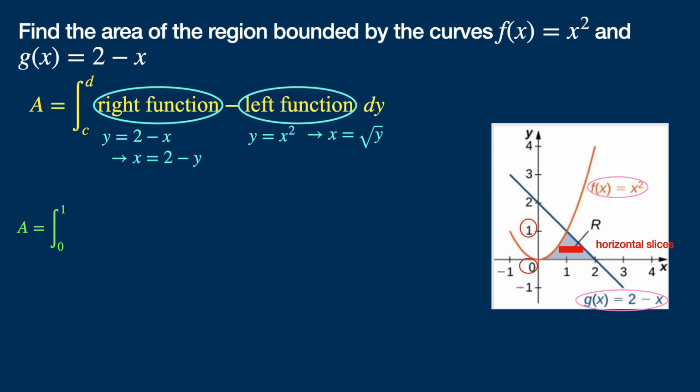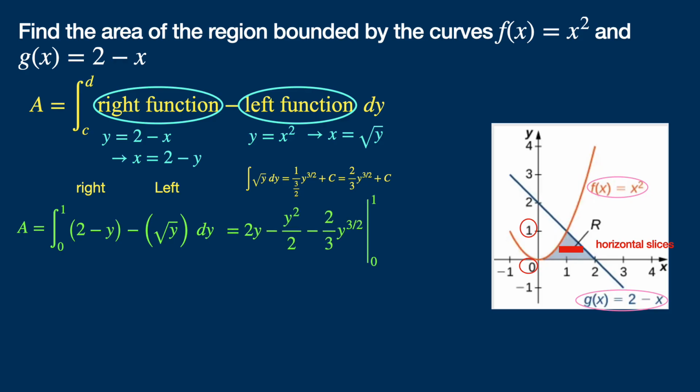So the area between the two curves, 0 and 1. The right function is going to be 2 minus y. The left function is going to be square root of y, and dy because those are the horizontal slices. So you can find the antiderivative, right? 2 minus y minus square root of y. The antiderivative of square root of y is going to be 2 over 3, y to the 3 over 2.